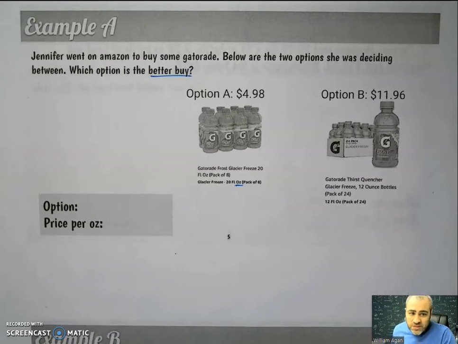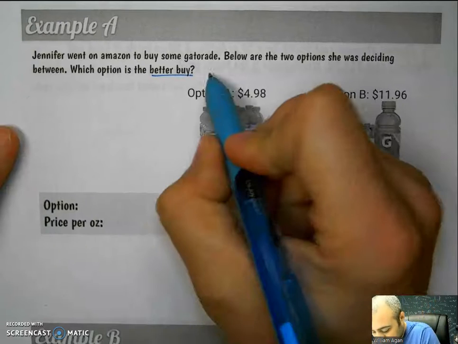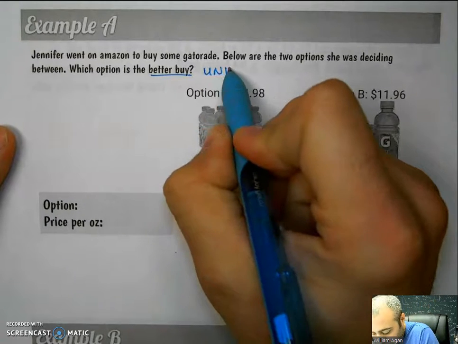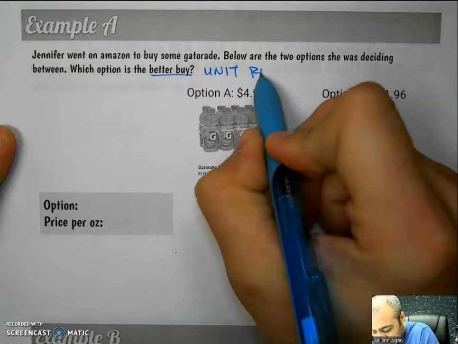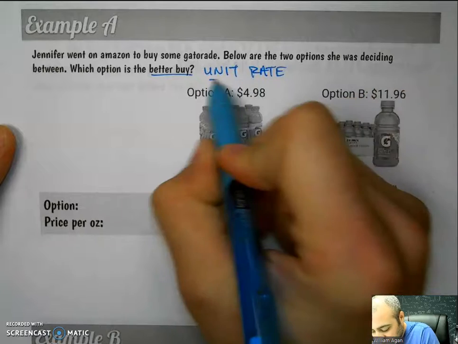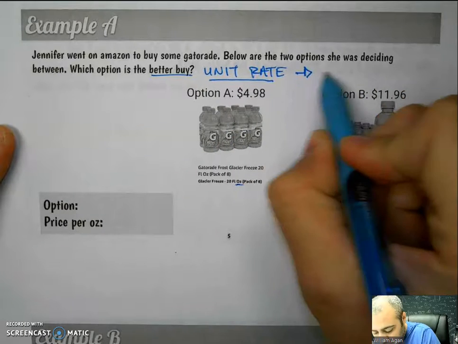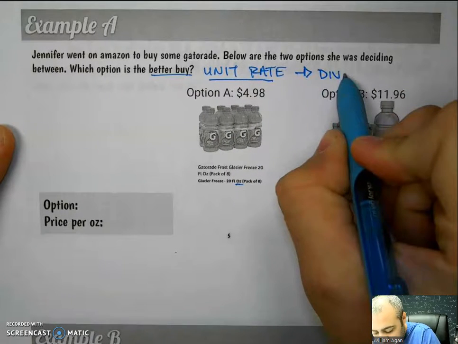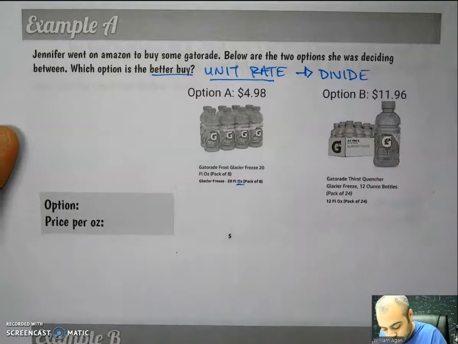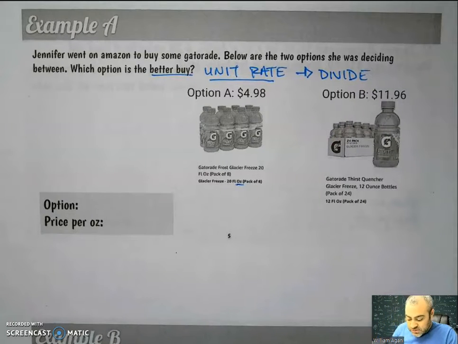All right, so that means unit rate. I know it's been a while since we did unit rate, but unit rate is easy. To find a unit rate, all you have to do is divide. On this one, we are looking for the fluid ounce.